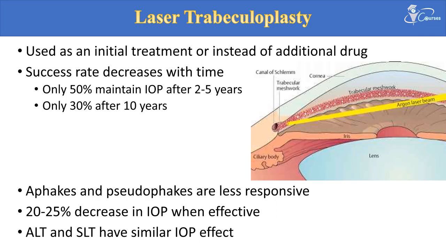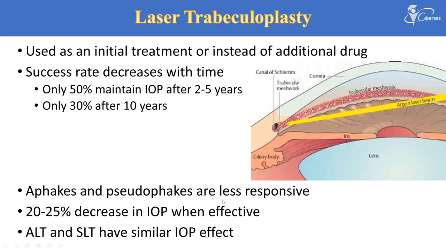and lower the intraocular pressure. However, the problem is that it will need to be repeated because its success rate will decrease over time. So 50% of patients will have the same intraocular pressure over 2 to 5 years, while only 30% maintain the intraocular pressure after 10 years. So its effect wanes over time.